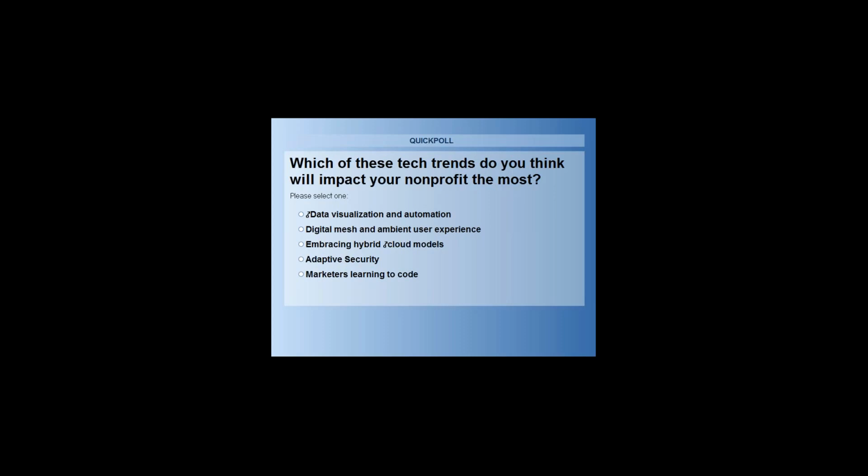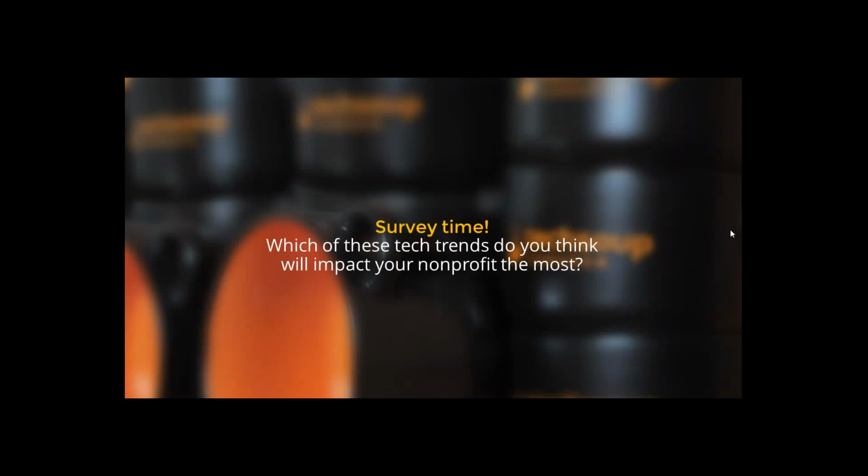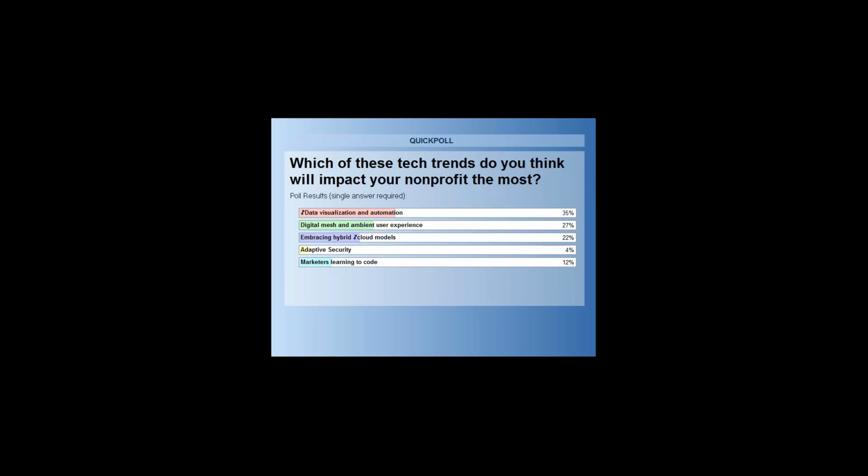It could be being more protective of your security and not just relying on firewalls and antivirus software to catch threats. And the last one is getting your staff outside of your tech team to learn how to code. Here I'm going to close the survey and show the results, so you can see how people in this webinar are going to address these trends. This is actually very interesting.